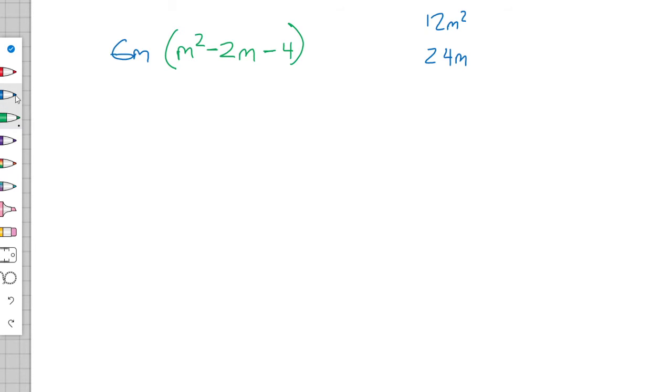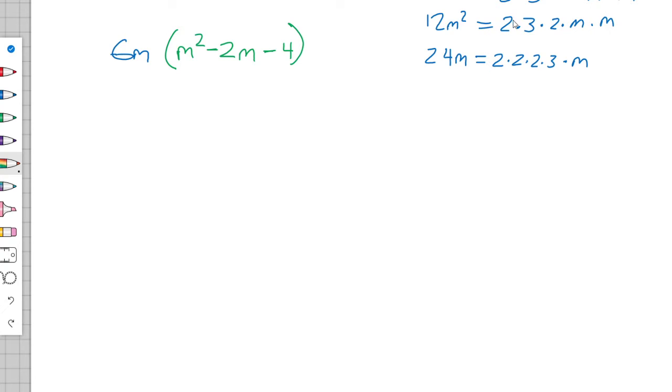And just to check, just in case, you can write out your factors. Again, I'm going to do it in completely factored form, so 2 times 3 times m times m times m, 2 times 3 times 2 times m, and then we have 2 times 2 times 2 times 3 times m.